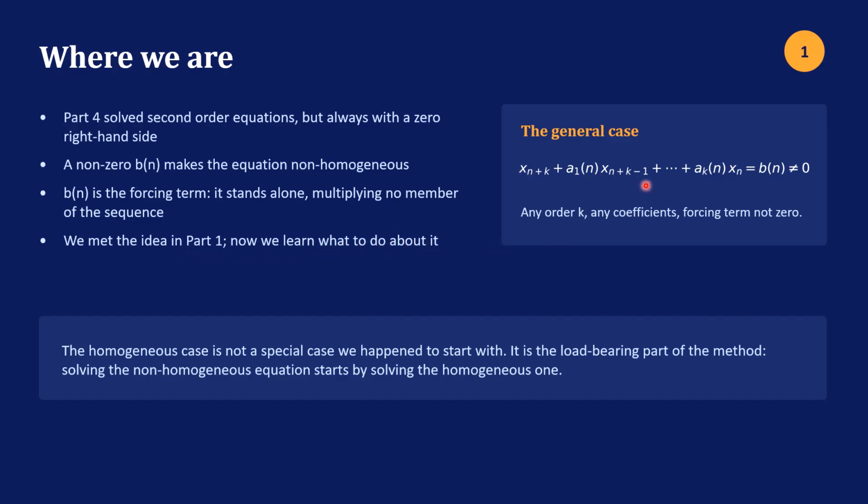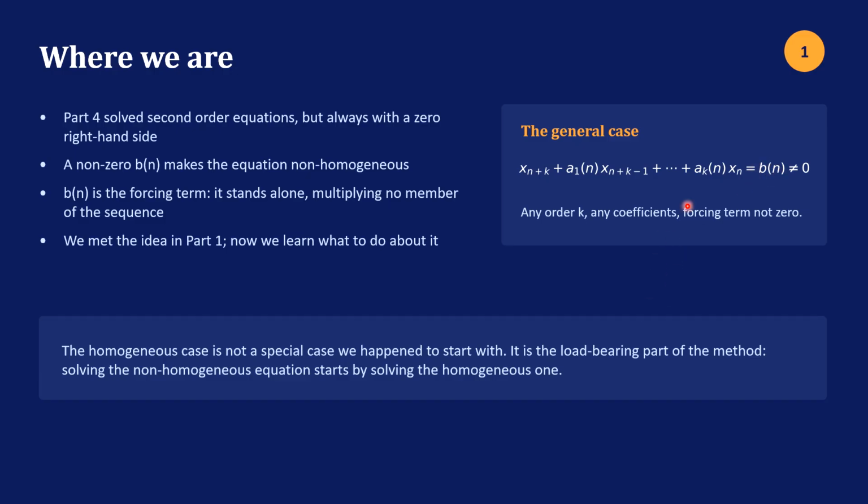So here's the general linear case, I should say. None of the x terms are raised to a power other than 1. But now we have the coefficients as functions, and the forcing term is also a function.